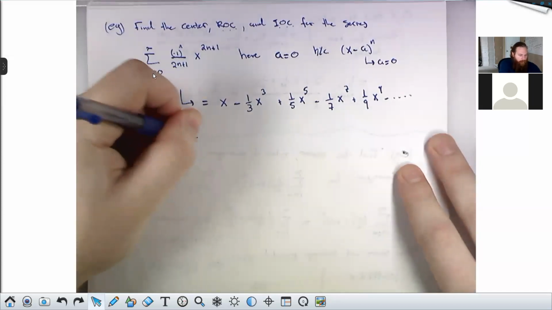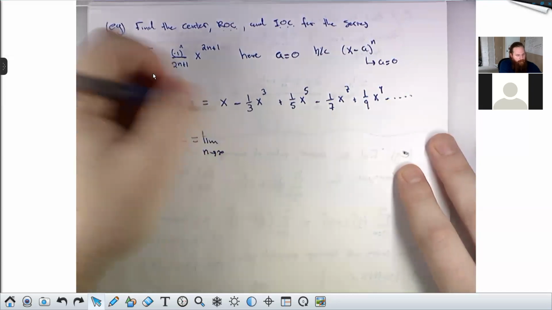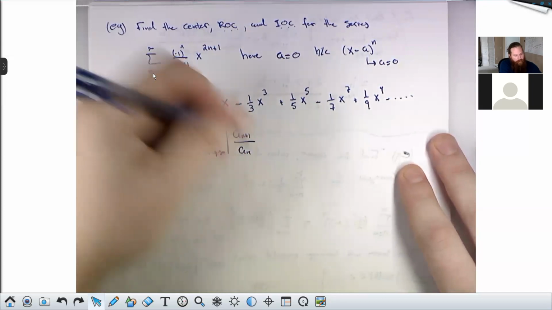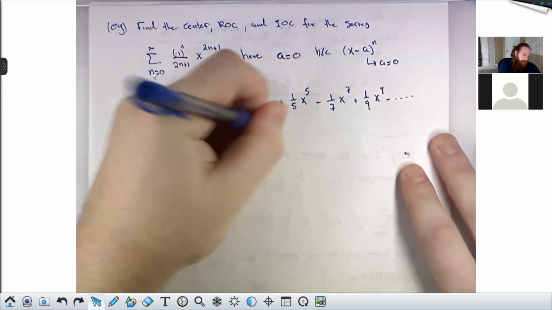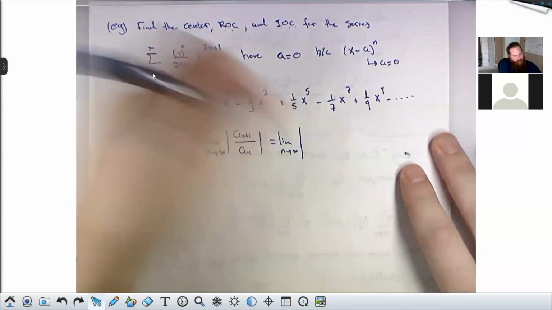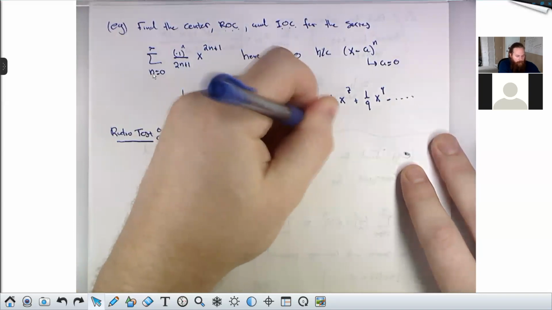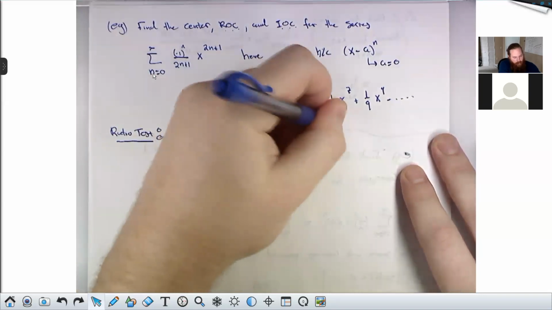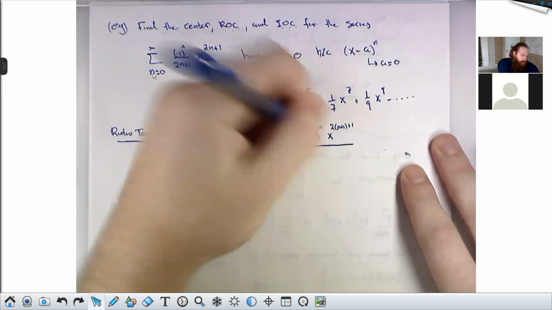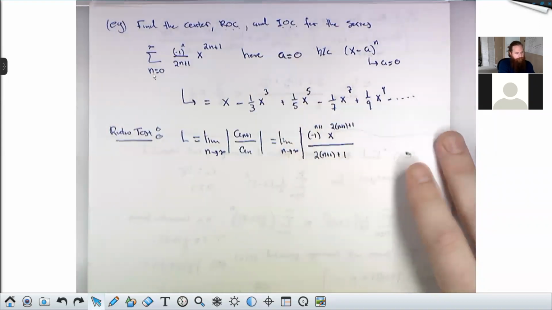So here L is the limit as n goes to infinity of a_(n+1) over a_n, which is the limit as n goes to infinity of a_(n+1), which is (-1)^(n+1) times x to the 2n plus 1 over 2n plus 1 plus 1.